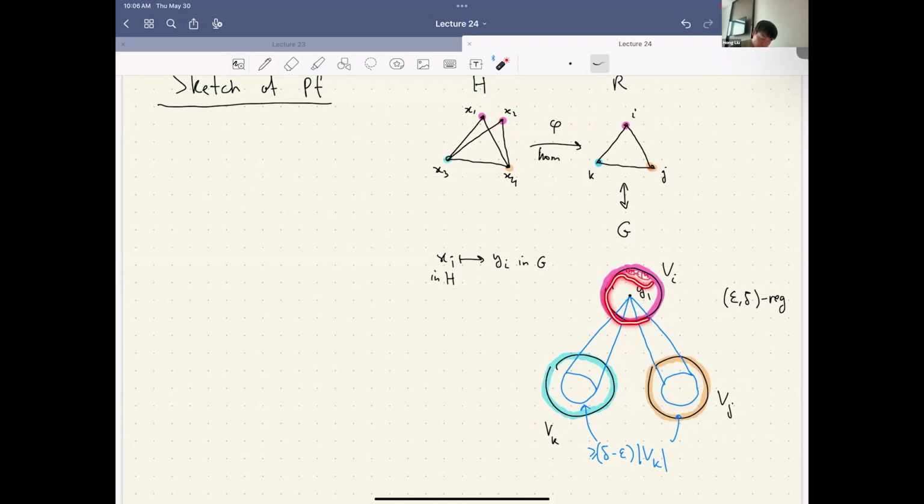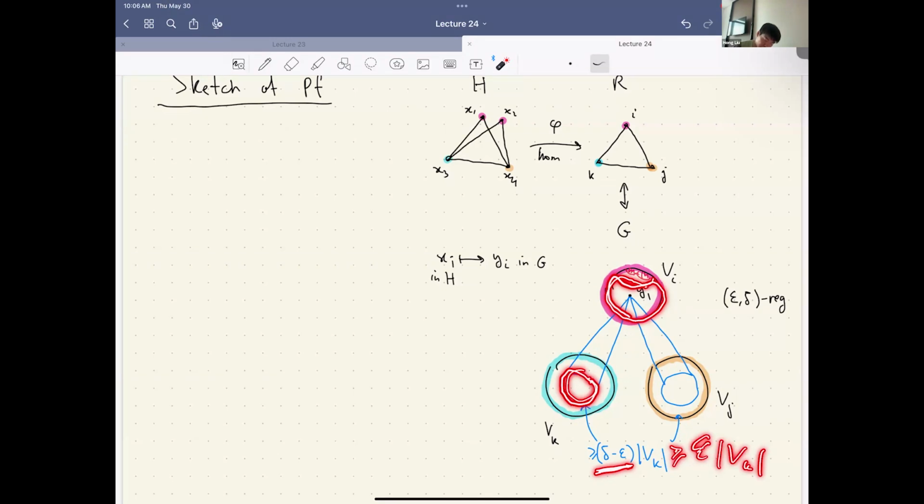update vi as well. So remember another lemma, the slicing lemma, saying if vi vk is regular, then this part of vi, excluding the bad vertices, is large because of this. So we need to take delta to be at least 2 epsilon. So this takes up at least an epsilon fraction, right?